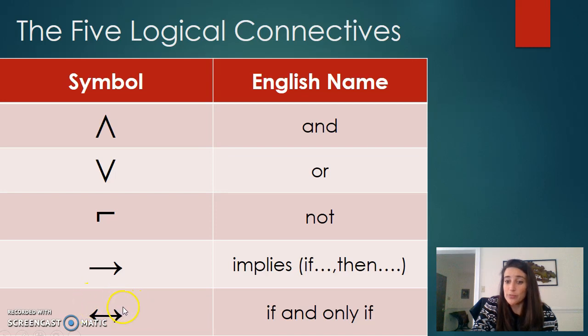So it's an arrow that goes in both directions, and we read that in English as the phrase if and only if. And what that means is that we can read if the left-hand side, then the right-hand side. And we can also say if the right-hand side, then the left-hand side. So an if and only if statement can be read in both directions.